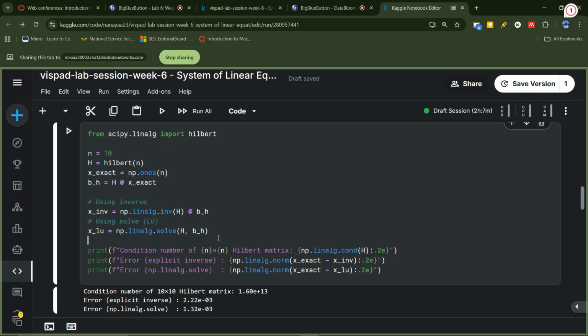In order to really understand what I'm saying, what does it mean? It means we have a system of linear equations as Hx equal to b. It's the same concept, don't be confused. This matrix H is assumed to be very, very ill-conditioned.